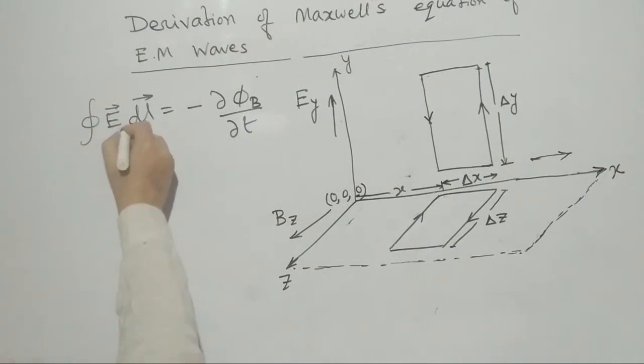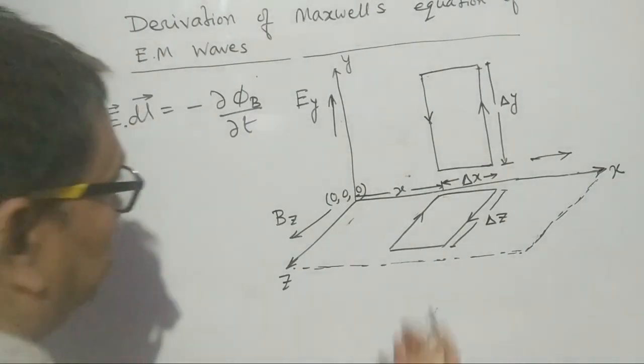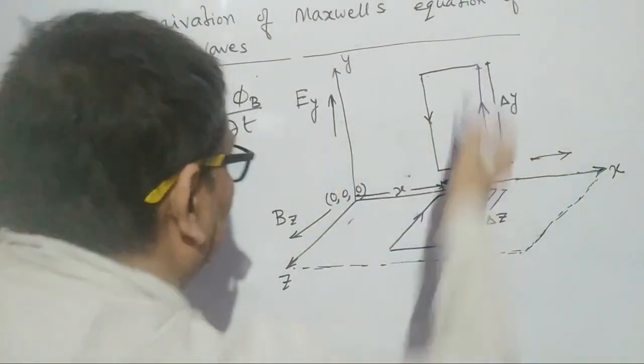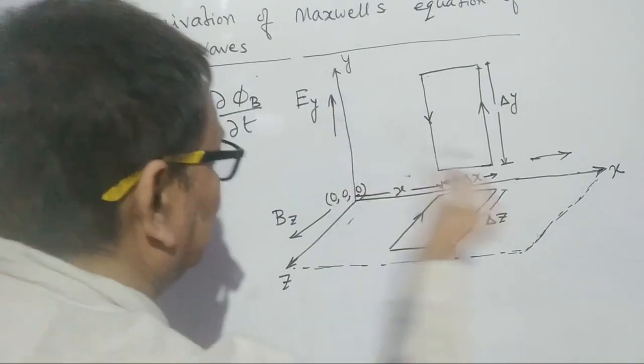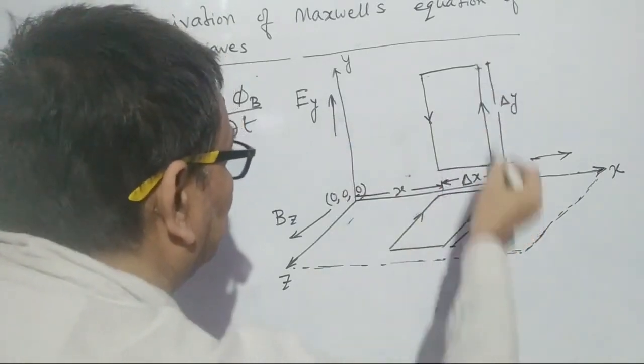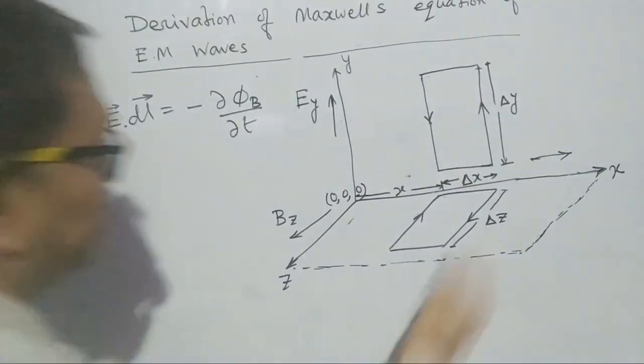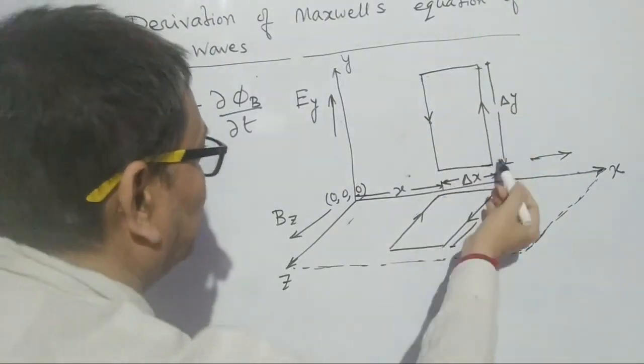Now this is a line integral, so we have to take only this line. Electric field is along the y-axis. So this is the line, and its length is delta y, but it is moving upward.